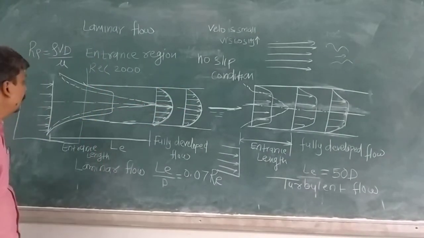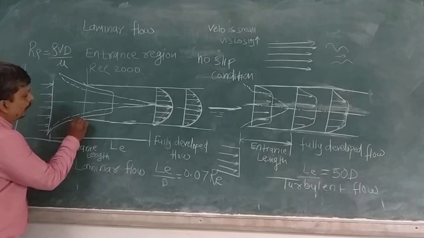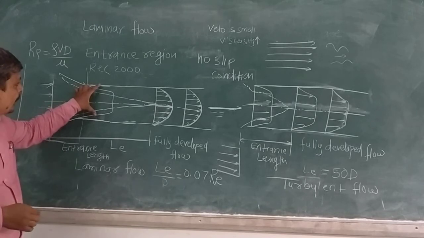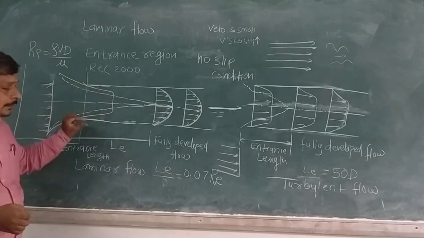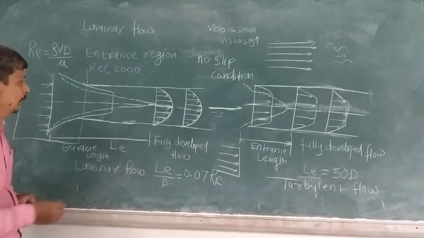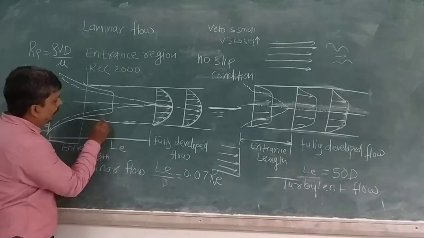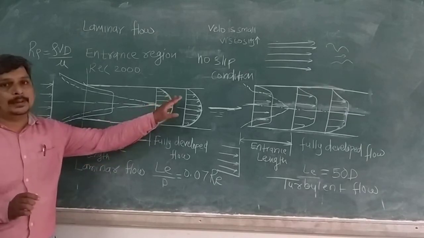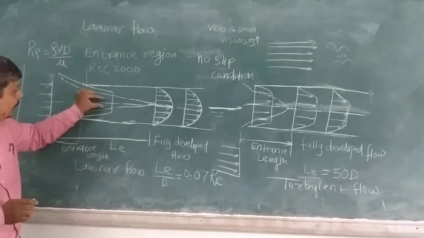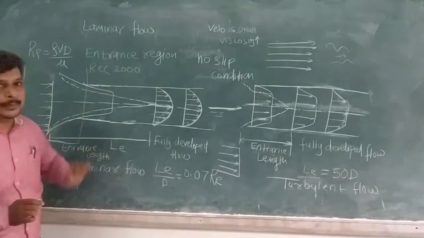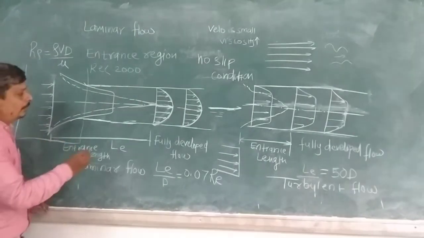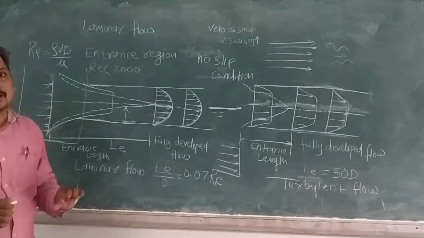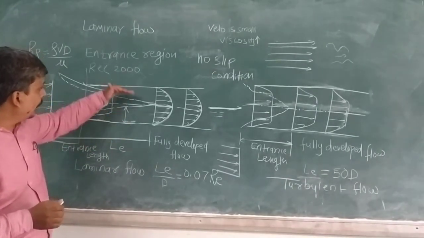So as the fluid enters the pipe, because of the resistance of the wall, or the no slip condition, the fluid nearest to the pipe becomes stationary, and the fluid at the center has the maximum velocity. This change in velocity is called a velocity gradient, the change in velocity in the y direction.